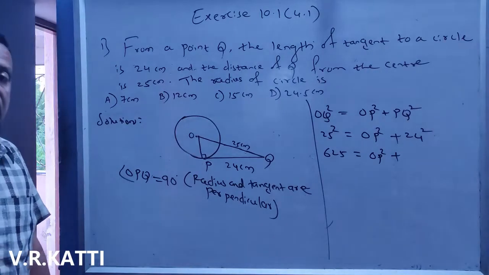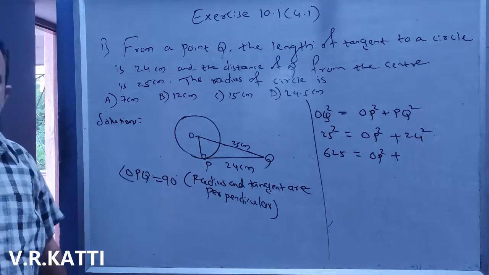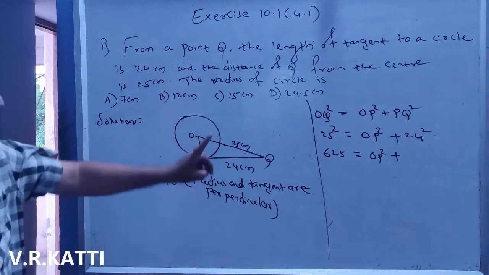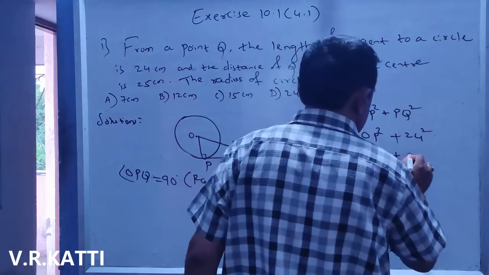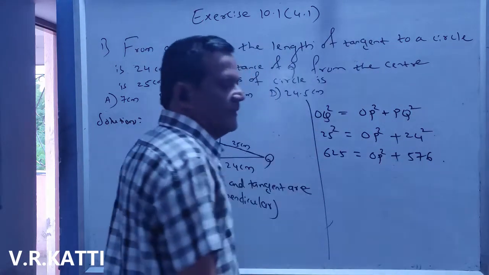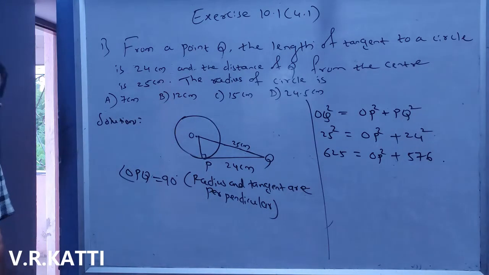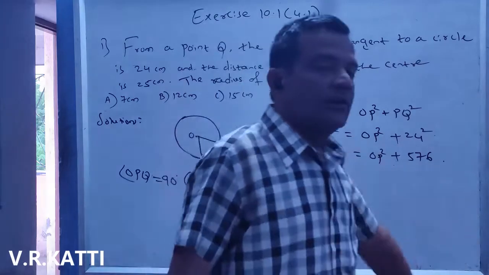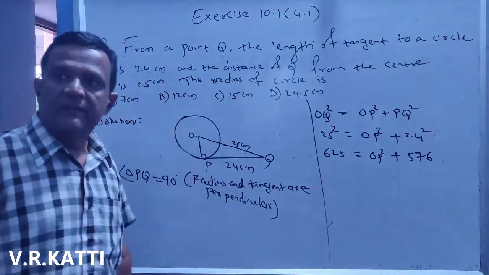Students, what is the square of 24? Yes, very good. It is 576. 24 into 24 is 576.